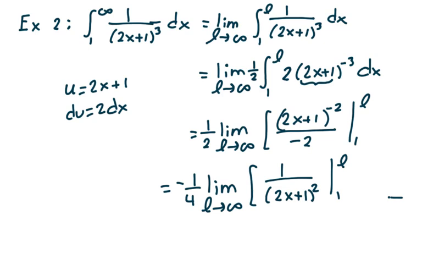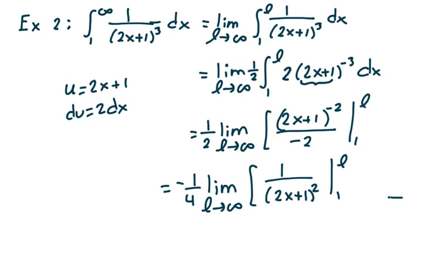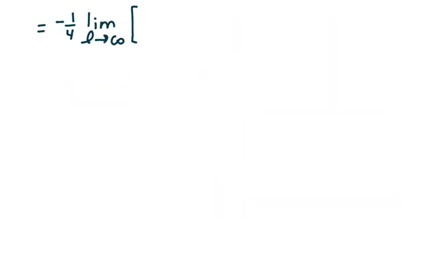Now we're going step by step. And so here, this is negative 1/4 the limit as L goes to infinity of. Now I'm going to replace x with L. I get 1 over (2L plus 1) to the second.